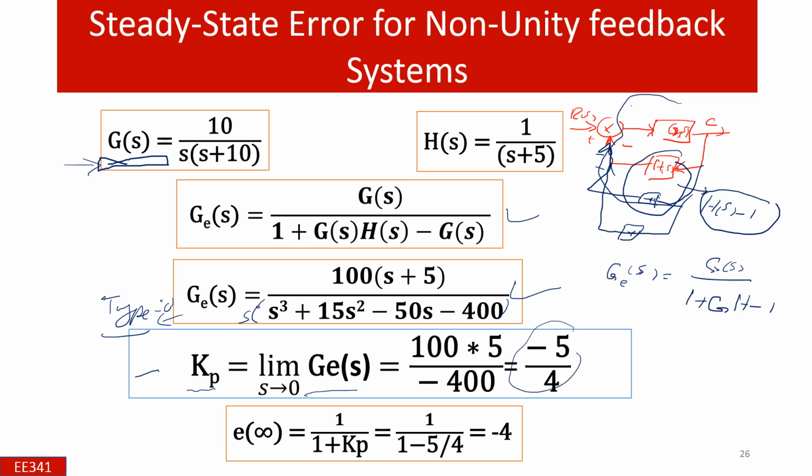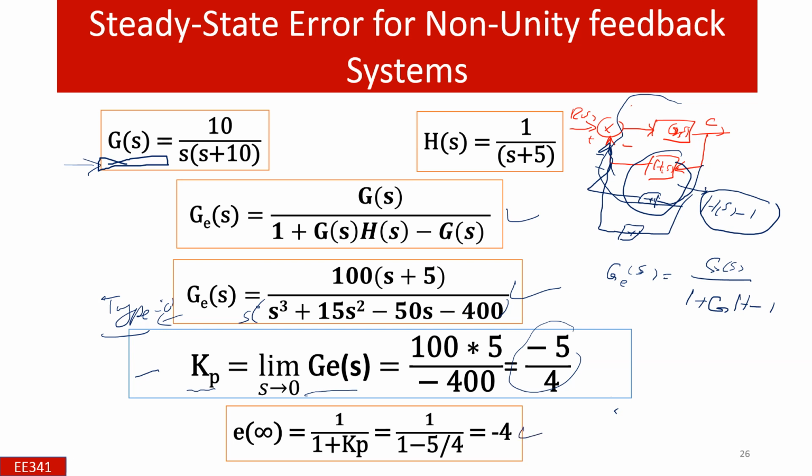And the steady state error relevant to the position constant is equal to the reciprocal of 1 over 1 plus Kp, and Kp is given by this one.